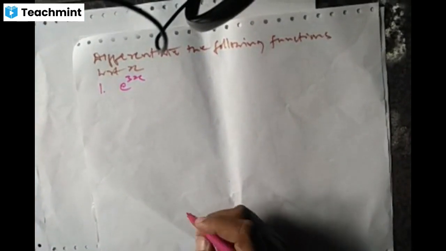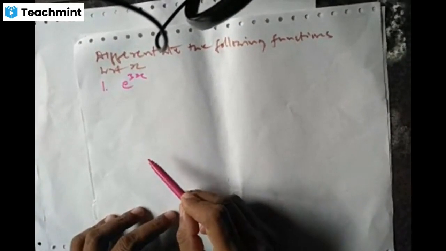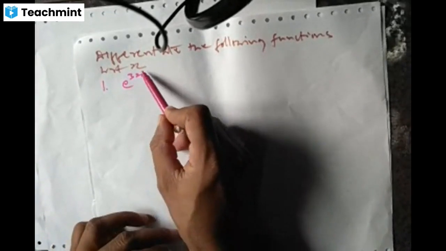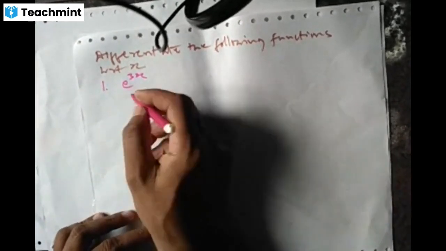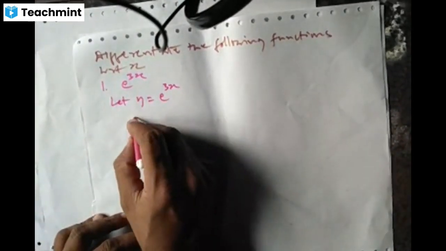See, e power 3x is not an ordinary function, it is a function of a function. This involves two functions, one is the exponential function e power x and the other one is the polynomial function 3x. So we have to use the chain rule to find the derivative of the given function. First I will take the given function as y, or you can also take it as f of x. Now we shall use the chain rule to find its derivative.